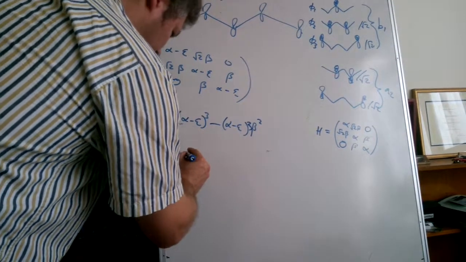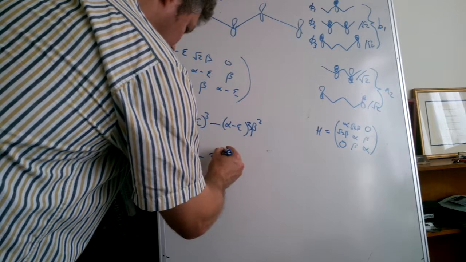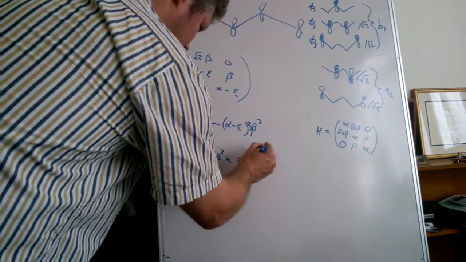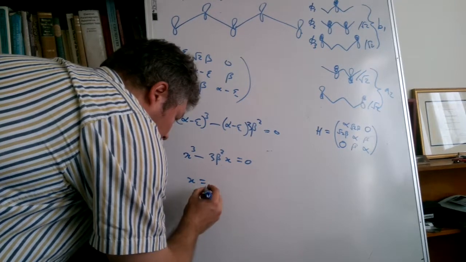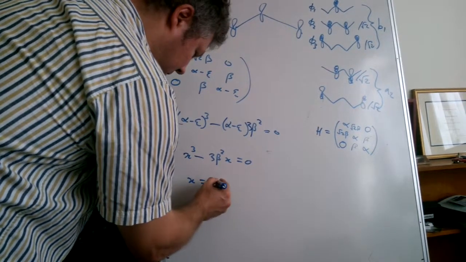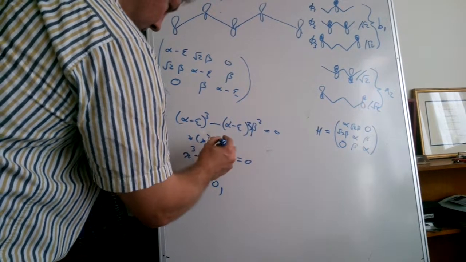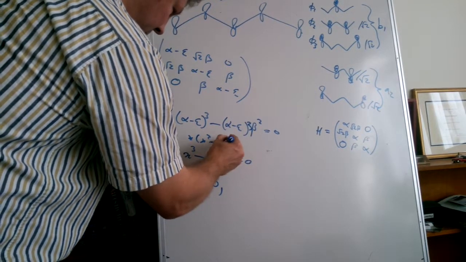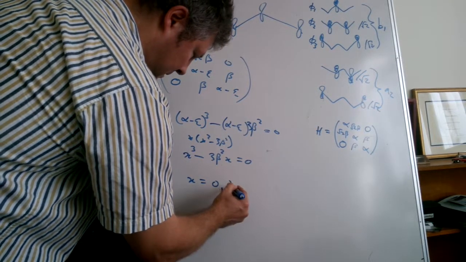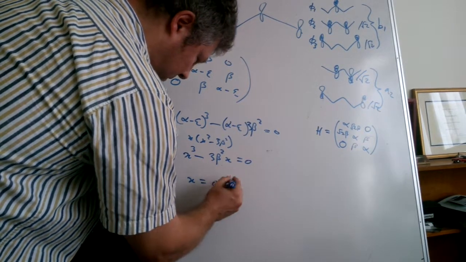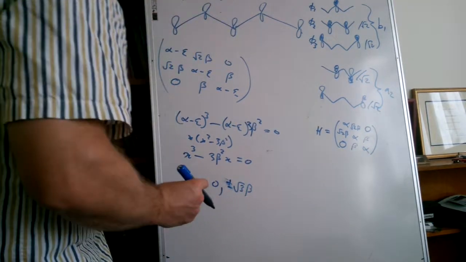If we make the substitution, x cubed minus 3 beta squared x, this is now going to equal 0, we then solve and we get something like x equals 0, and then this would have x outside of x squared minus 3 beta squared, and so it'd be plus or minus root 3 beta.